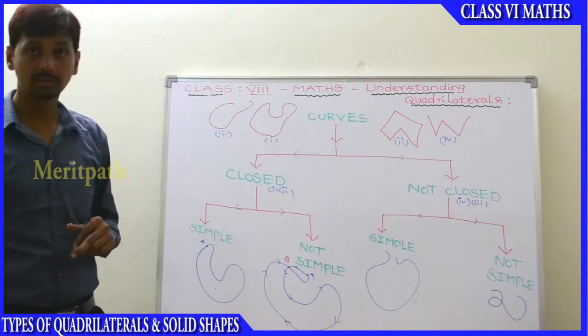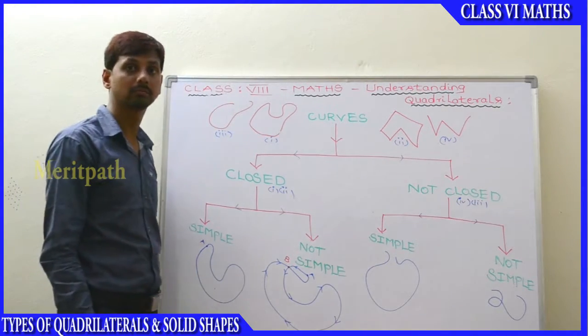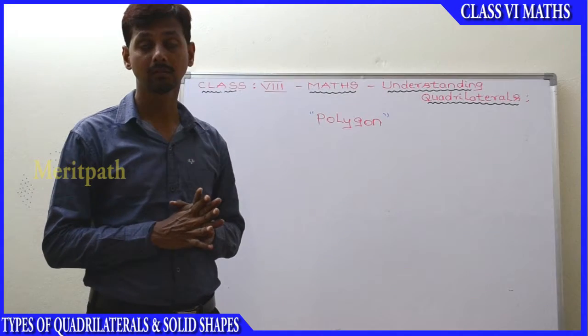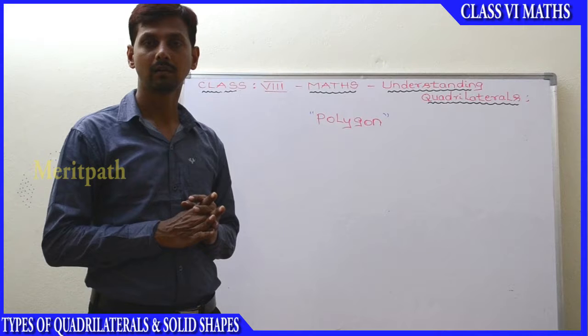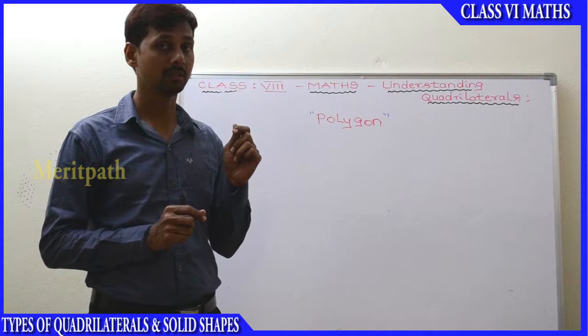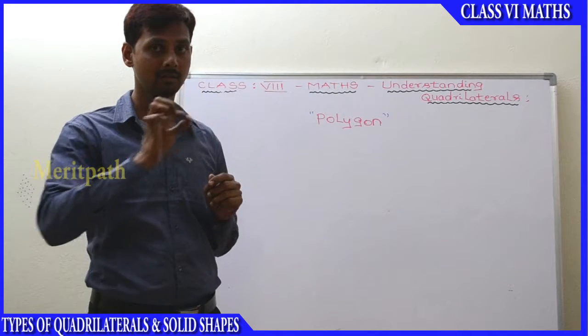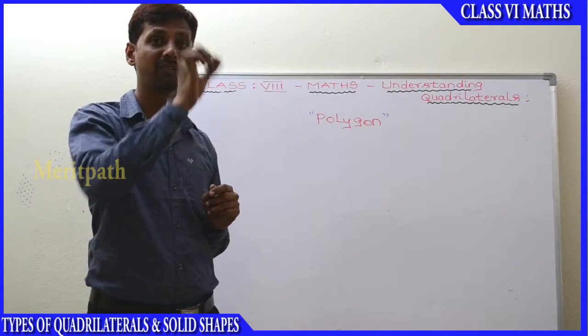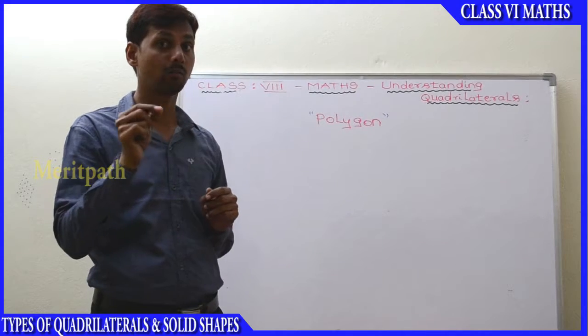So these are the curves we have discussed until now. We have discussed simple curves. We take a point, draw a line, and join it to the same point without intersecting the line we have drawn.